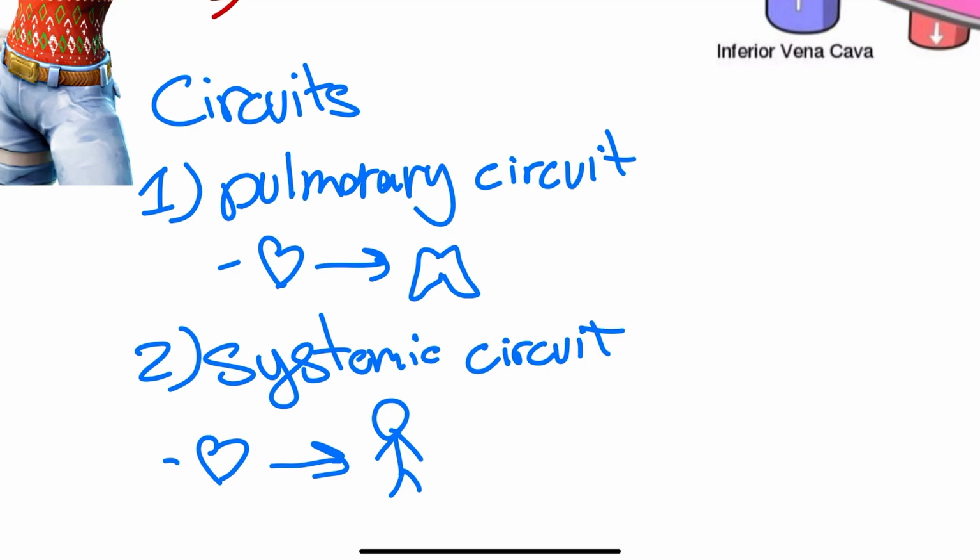So what do you think the blood that's going from the heart to the lungs is gonna be? Is it gonna be oxygenated or deoxygenated? It's going to be deoxygenated blood because the blood is going to pass through the lungs to get oxygenated, and then once it's done from the lungs, it's gonna go back into the heart. And then now we have oxygenated blood that's going to be sent out to all parts of your body. So those are the 2 main circuits, the pulmonary circuit and the systemic circuit.